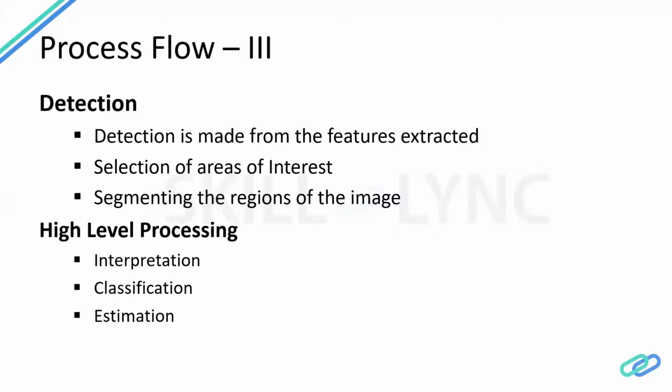The third step would be detection, which is followed by high level processing. Detection is made from the features extracted. The features that you extract are going to enable the detection process, and there are multiple detection methods. For example, when you want to detect a face in an image, you would be interested in features that predominantly define the face, something that is very particular to the face.